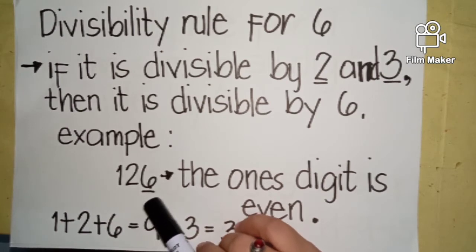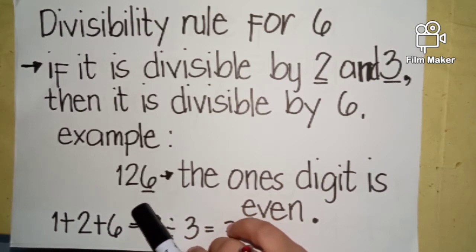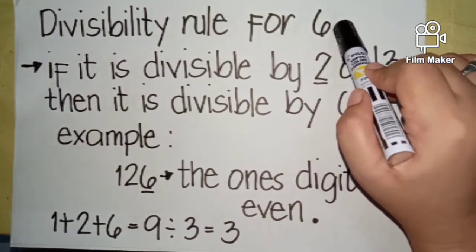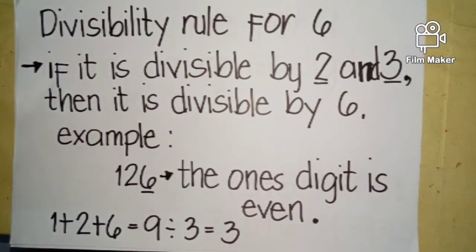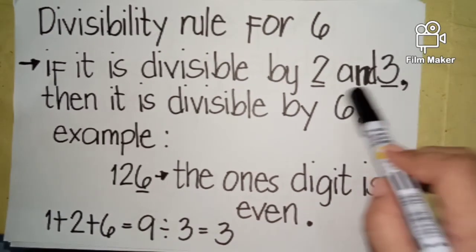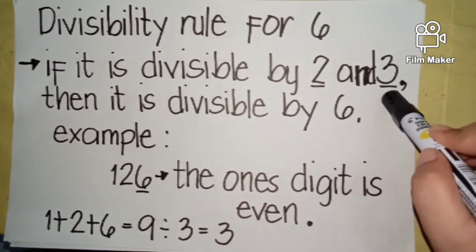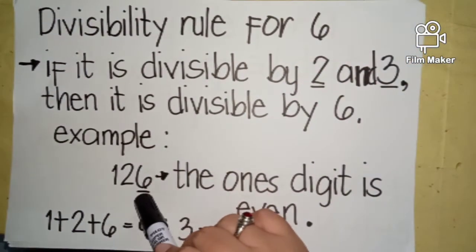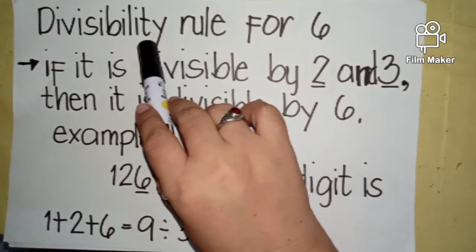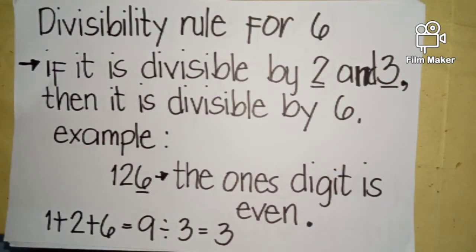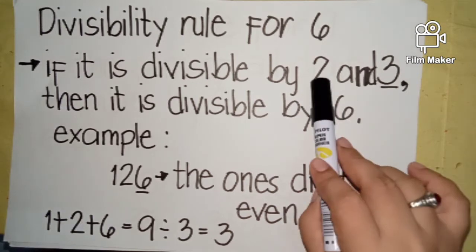So 126 is divisible by 2. So it qualifies for divisibility by 6. Let's find out if it is also divisible by 3. If it doesn't qualify, then 126 is not divisible by 6, even though it is divisible by 2.